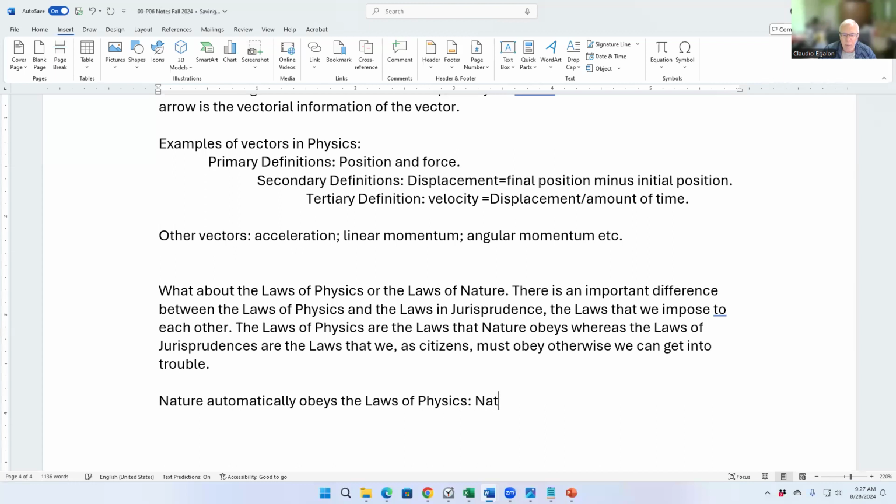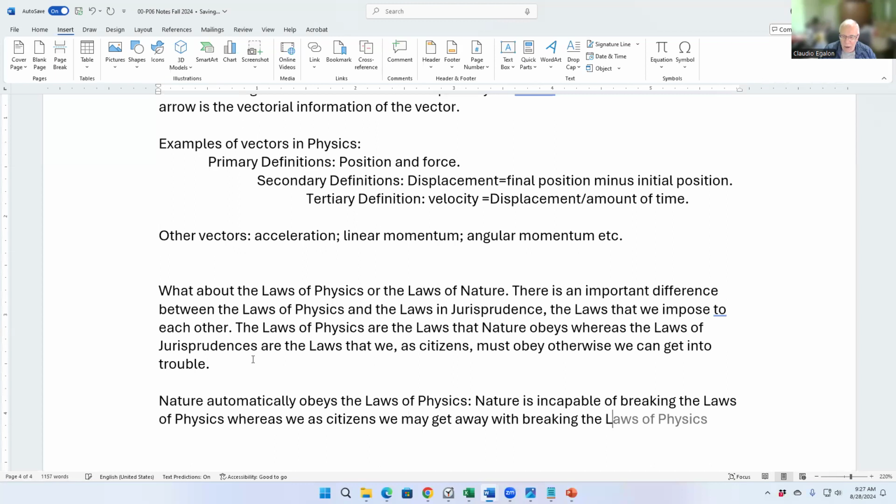Nature is incapable of breaking the laws of physics, whereas we as citizens may get away with breaking the laws of jurisprudence.